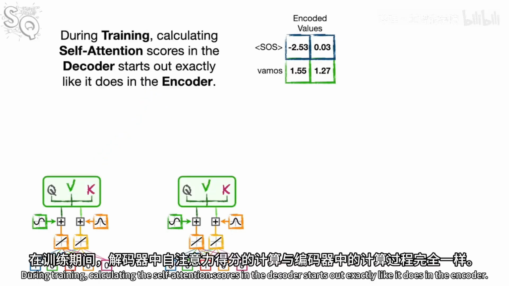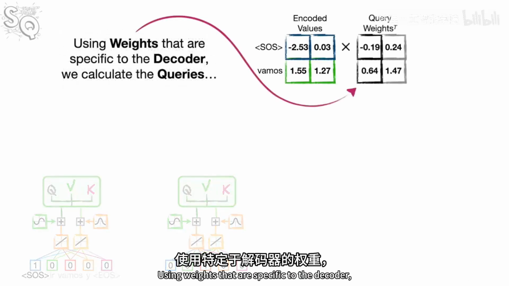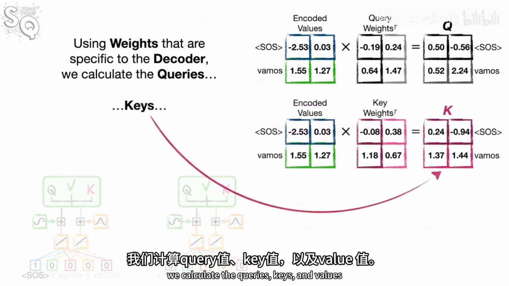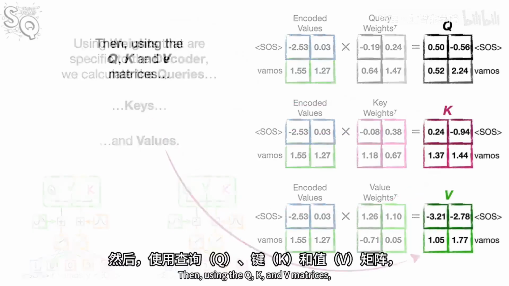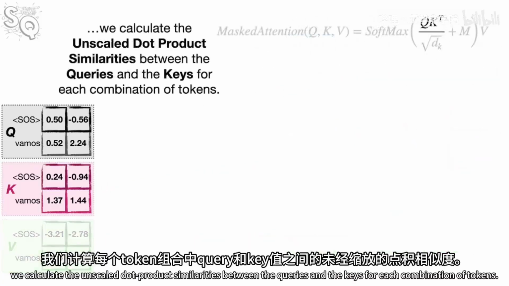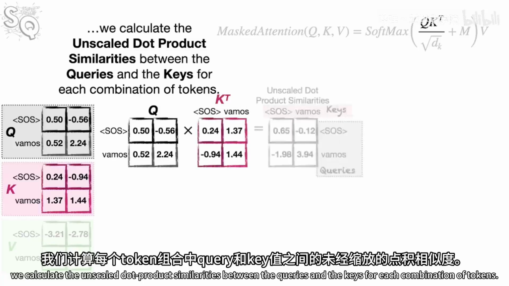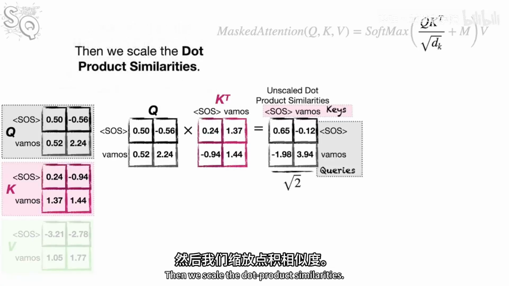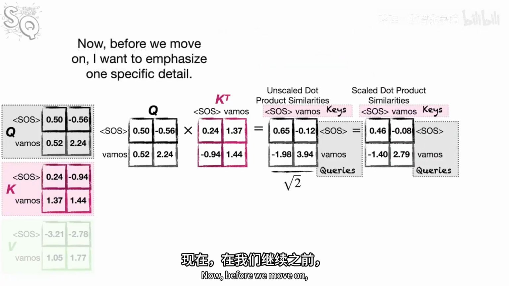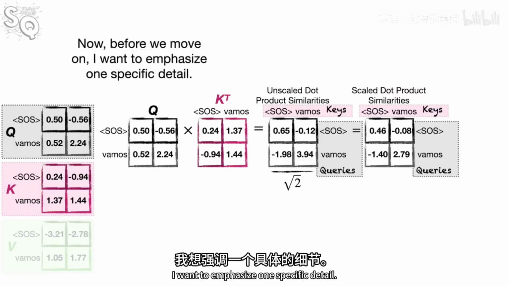During training, calculating the self-attention scores in the decoder starts out exactly like it does in the encoder. Using weights that are specific to the decoder, we calculate the queries, keys, and values. Then, using the Q, K, and V matrices, we calculate the unscaled dot product similarities between the queries and the keys for each combination of tokens. Then we scale the dot product similarities. Now, before we move on, I want to emphasize one specific detail.